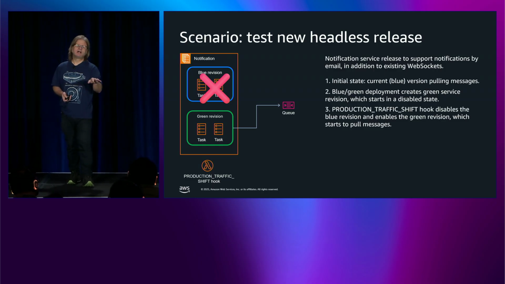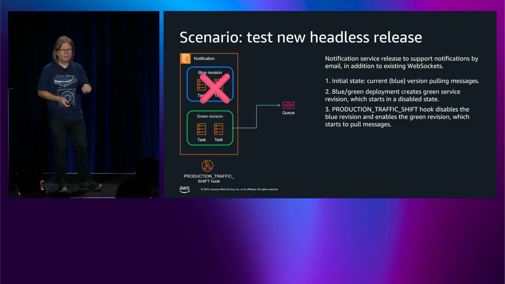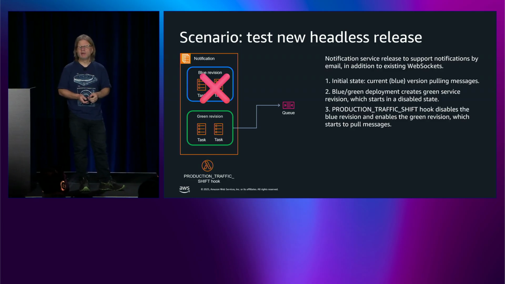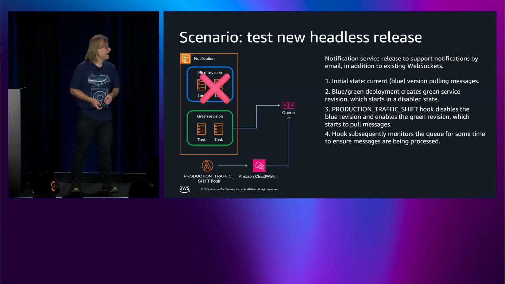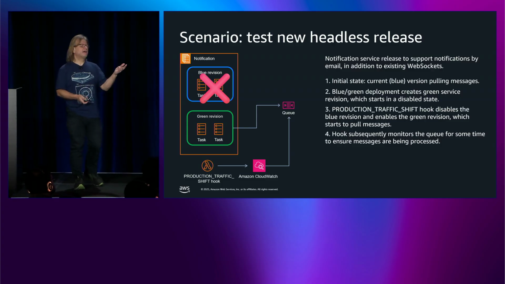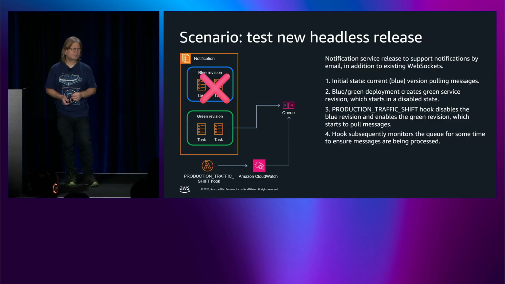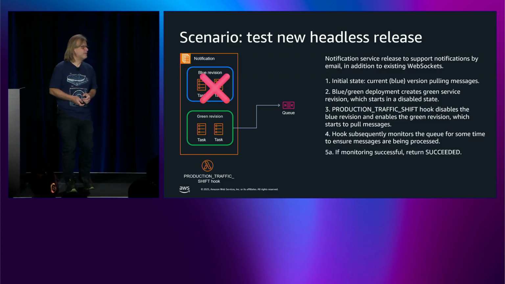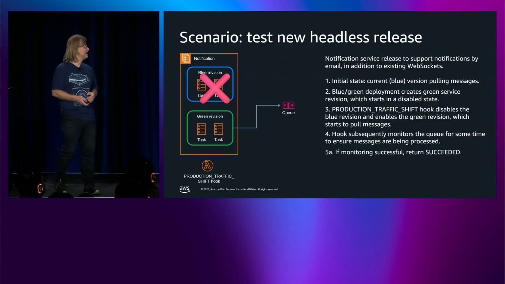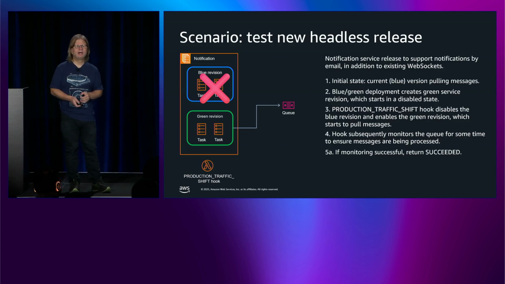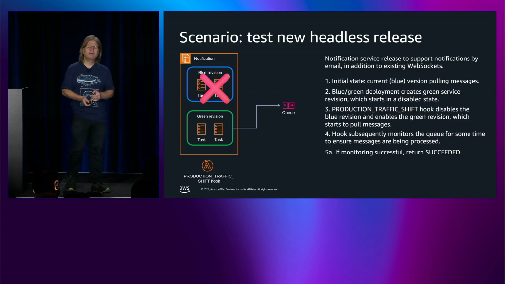And at this point, we start to monitor the behavior and the performance of the green revision and make sure that it is functioning correctly and processing messages correctly. So we monitor, in this case, using CloudWatch to monitor the queue. If monitoring is successful, we return succeeded, and we can get rid of the blue revision after the bake time.